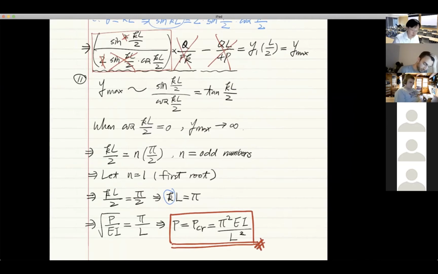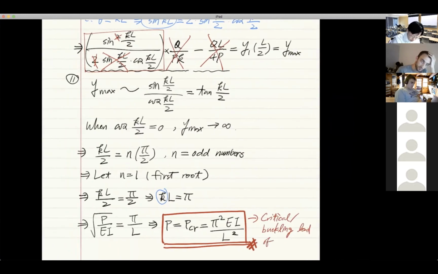We have found the critical load. Sometimes you call it the buckling load of the structure.